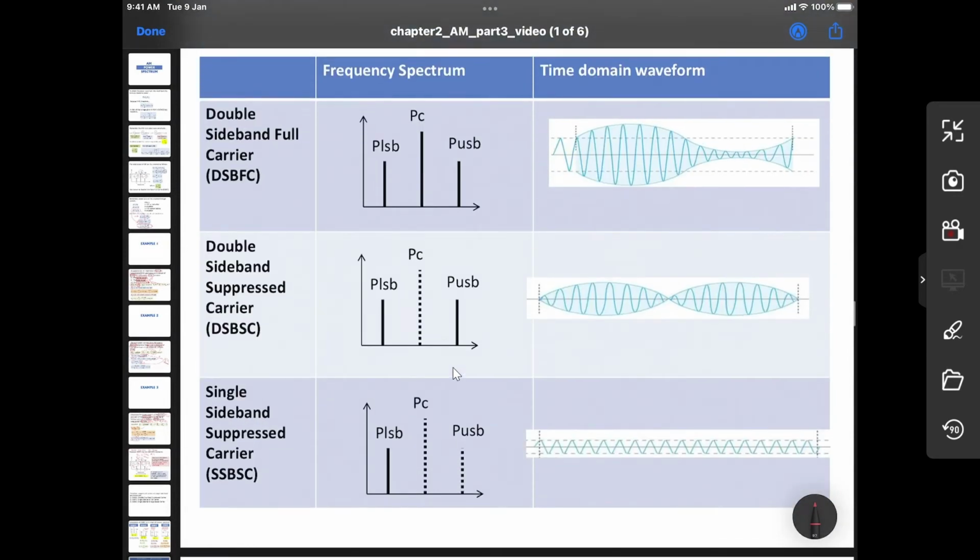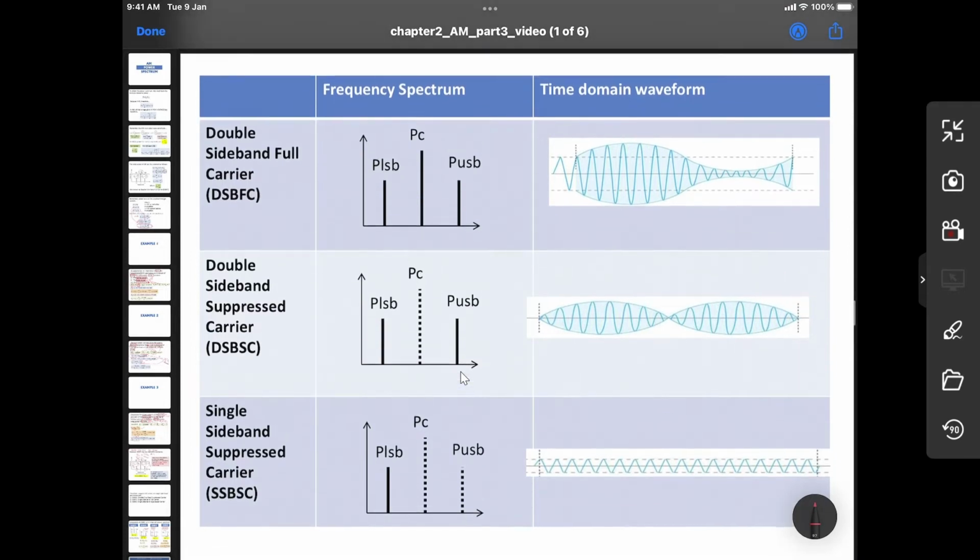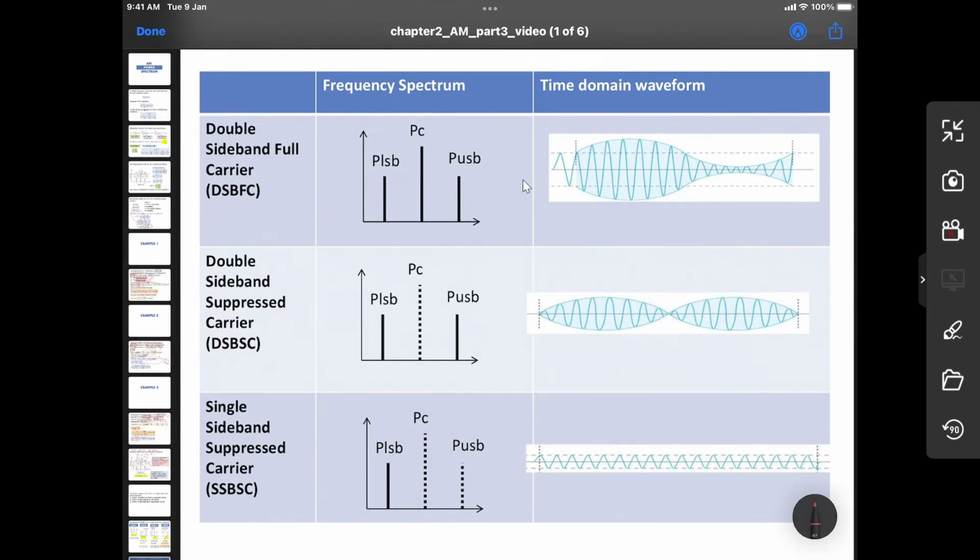This is the representation in terms of the waveform and the spectrum. Every time, we look at both sides, the frequency spectrum and also the time domain, in terms of the waveform and in terms of the spectrum. So the first one is the standard one where we have this envelope. What happens when we suppress the carrier?